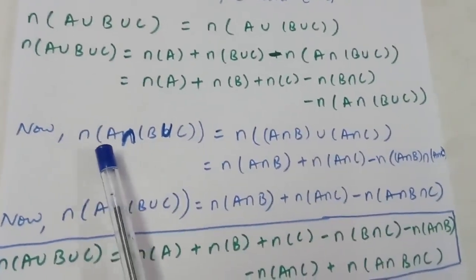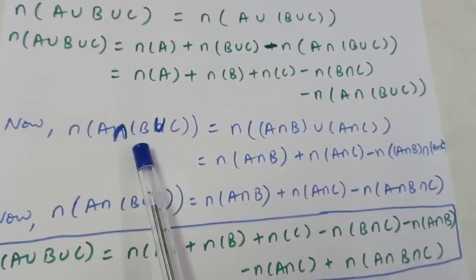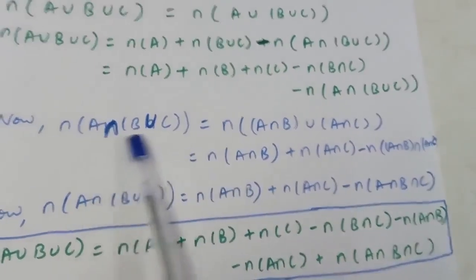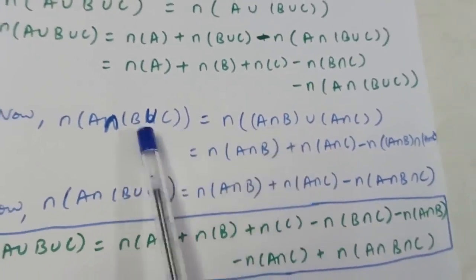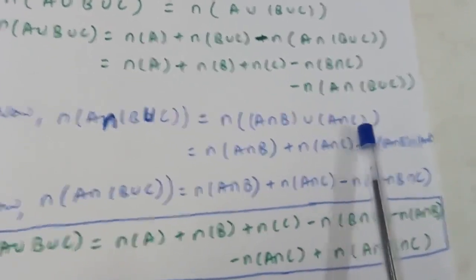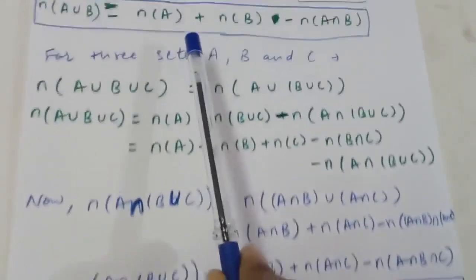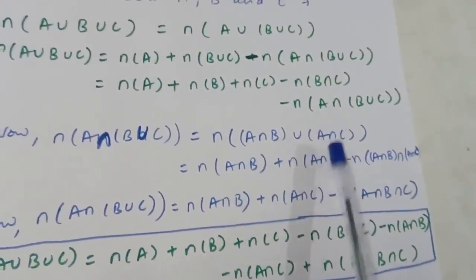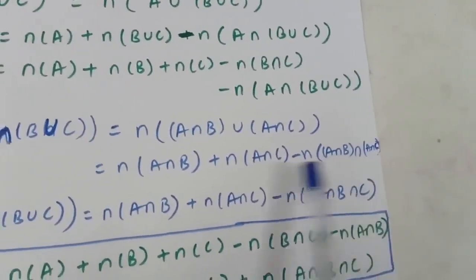As we know, A intersection B union C, we can expand it by distributive law. So number of elements in this will be equal to number of elements in, distributing it by distributive law, A intersection B union A intersection C, right? Now it is also a union of two sets. Applying this same formula, number of elements in A plus number of elements in B minus number of elements in A intersection B. So A is what?